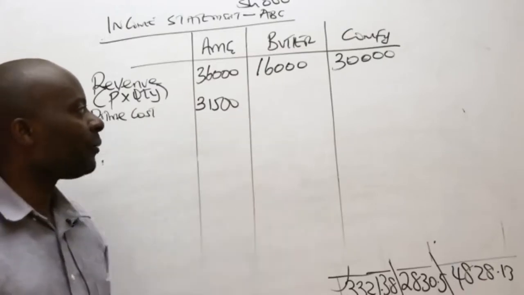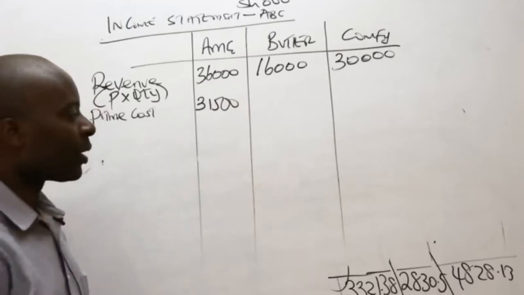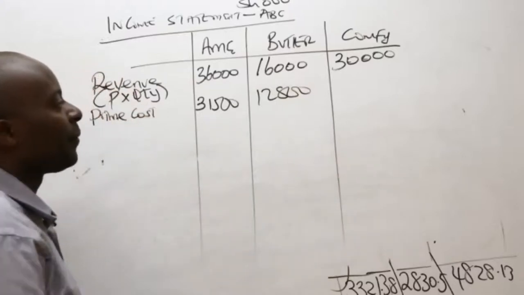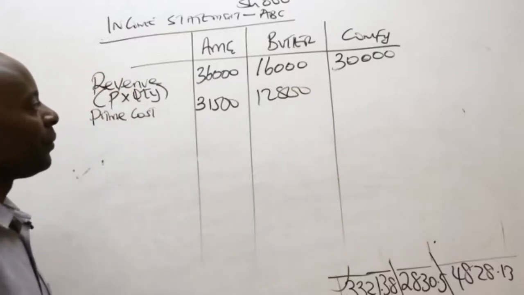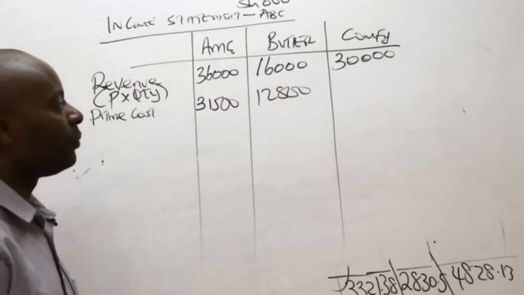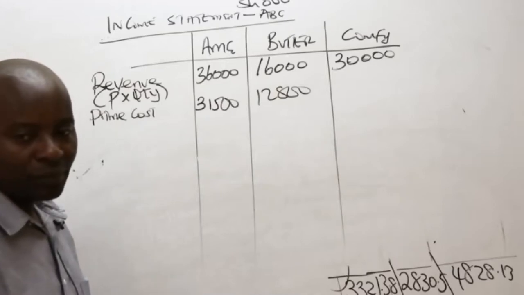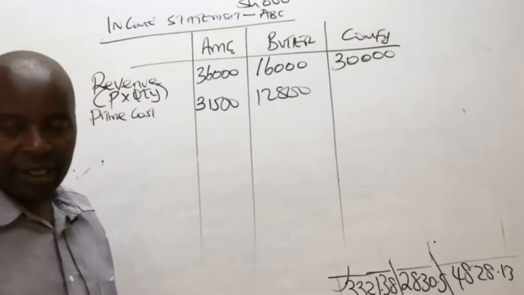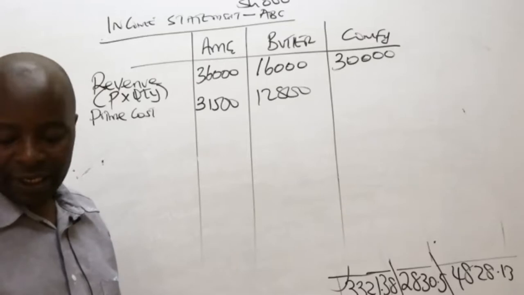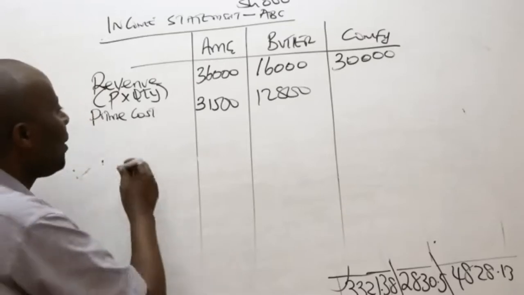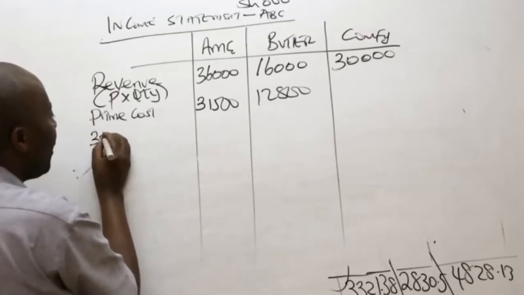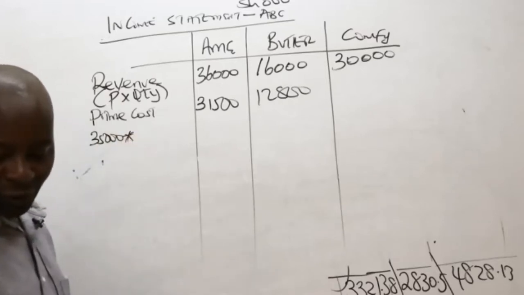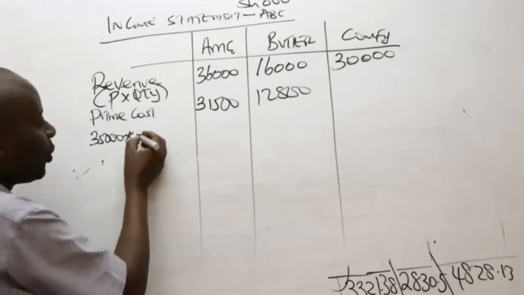How about butter? 12,800. How about comfy? Someone is asking how do we calculate prime cost? We are taking the prime cost figure given under American. American prime cost per unit is 35,000, times the number of sofa sets in American which were produced, which were 900.